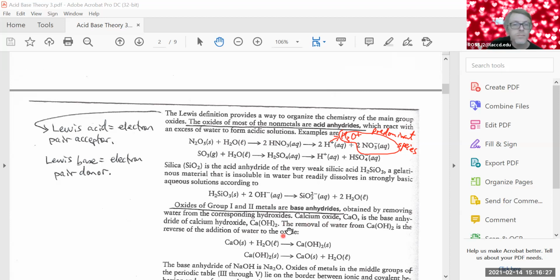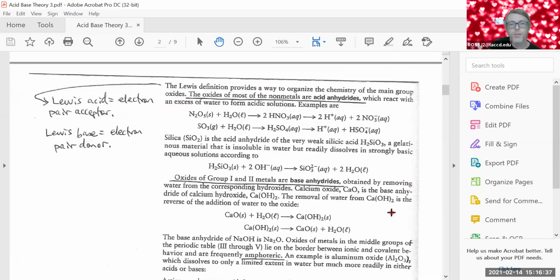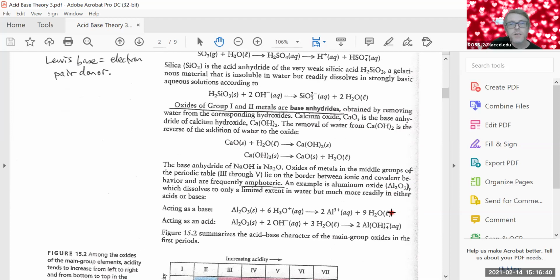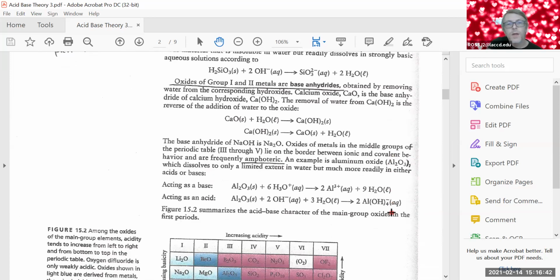Okay. Let's see if I can scroll. Yes. So we know that nonmetal oxides are acidic anhydrides. And we've just seen, or we're told that the antithesis, S block metal oxides, are basic anhydrides.